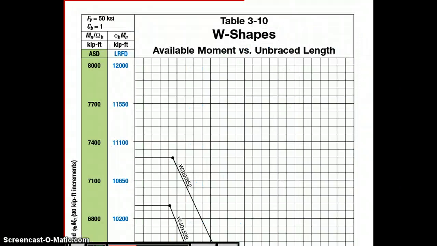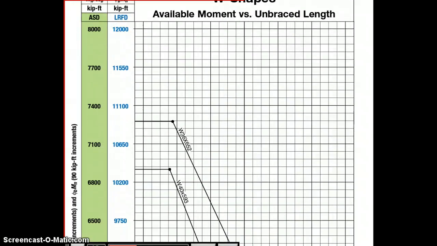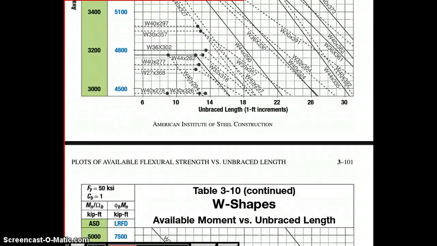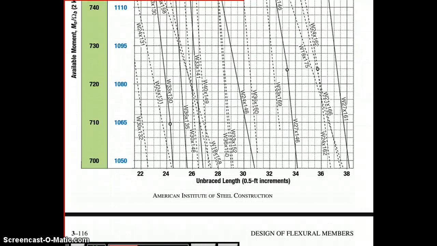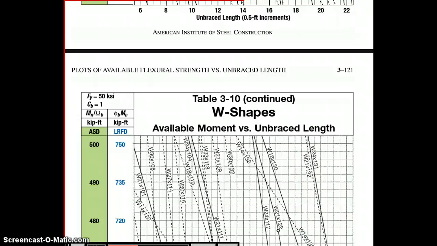So we're going to go to table 3-10, keep going down until we get around 8 feet here and 21 by 68, so it may be a while.